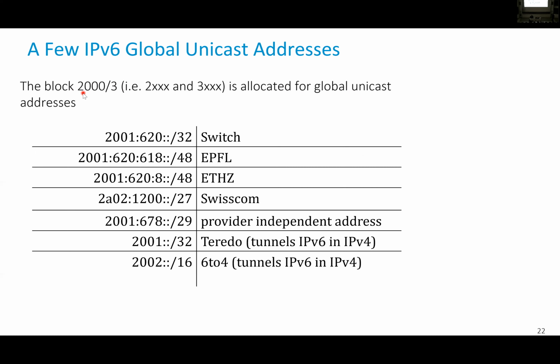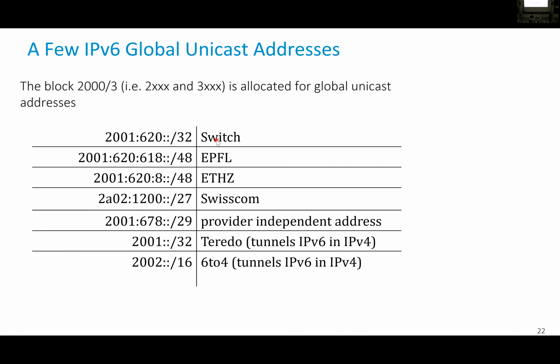And if I expand it into binary digits, I find that the same 3 bits correspond to 2 or 3. So 2 anything or 3 anything are the valid IPv6 global addresses. What we mean by global unicast address is an IP address that is valid in the global internet, which is not private, and is unicast because we will discuss a bit later also multicast.